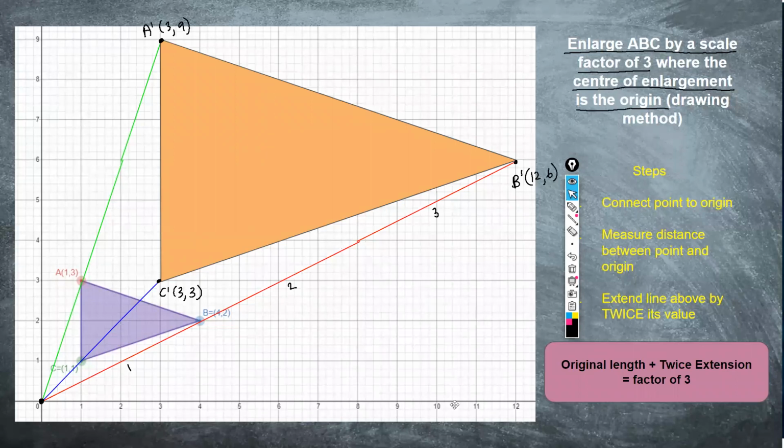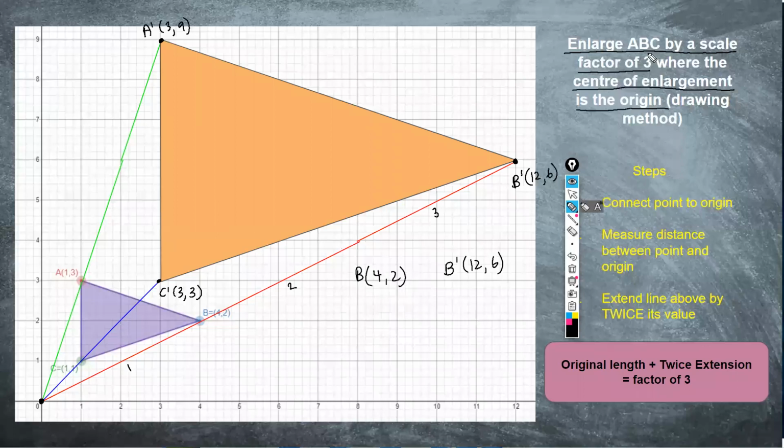And now we have some stuff to discuss about this. So the shortcut to doing this question, let's look at point B. Remember, B prime is what? 12, 6. And the original point B was how much? 4, 2.